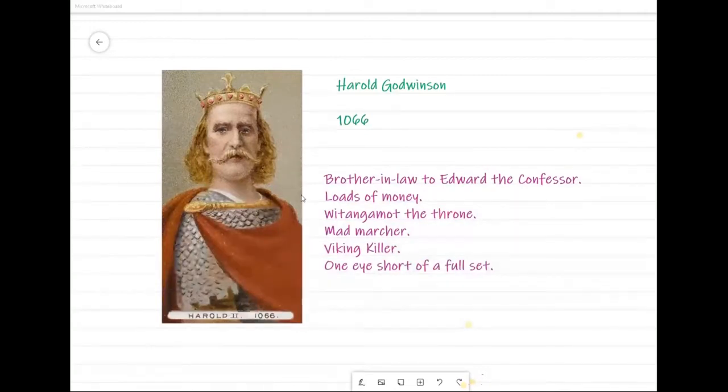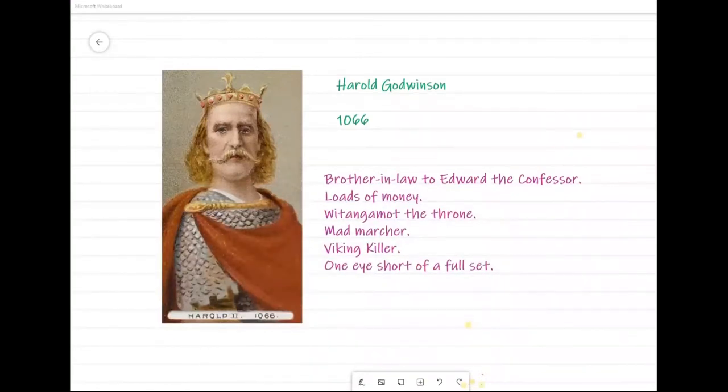Well, they're called the Witten, and their meetings are called a Wittengemot. A group of old men who sit around and decide who should be king.